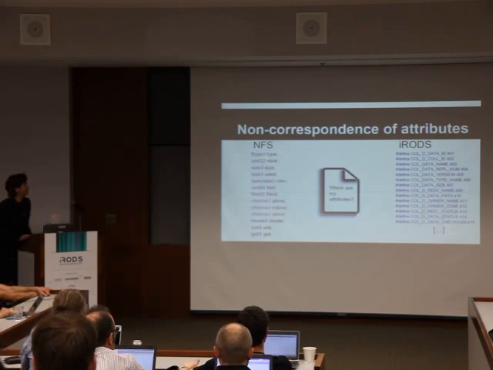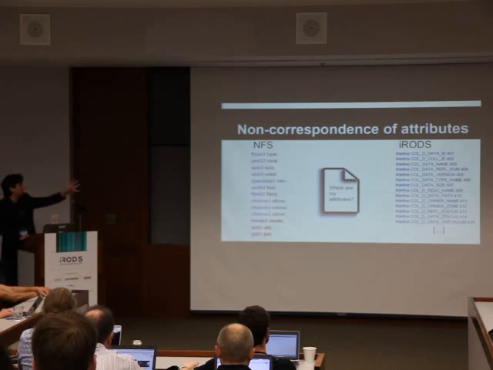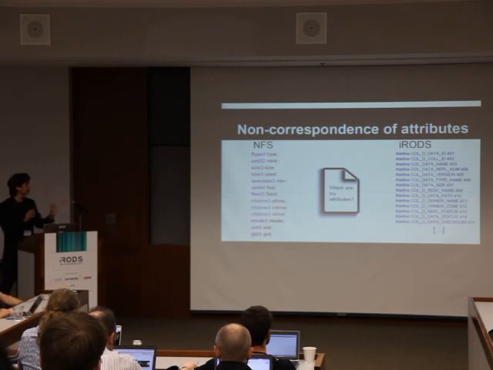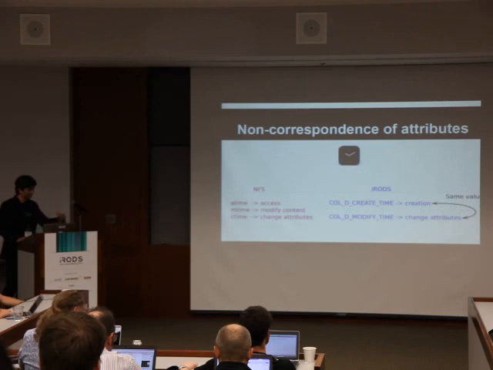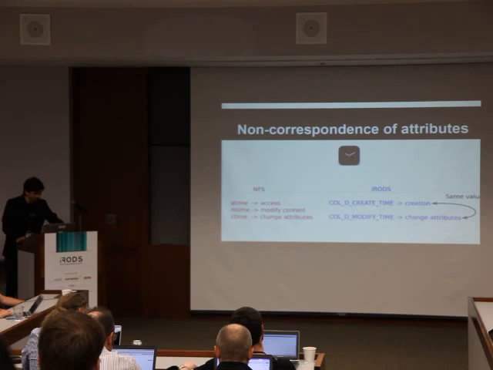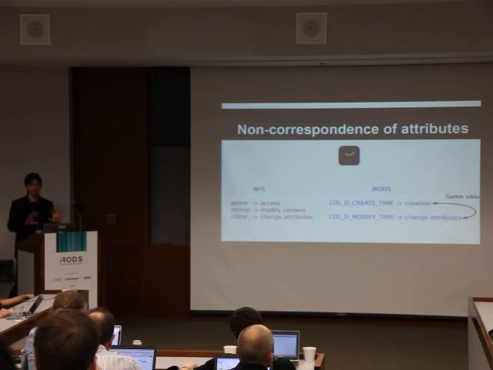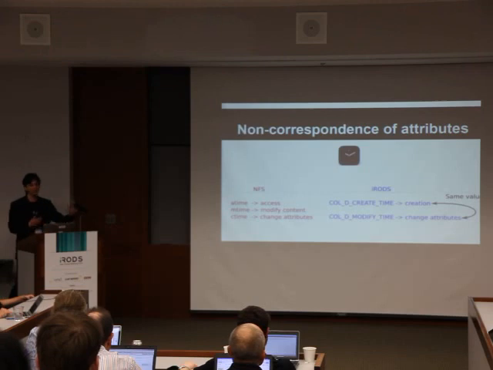Likewise, the attributes of files in the Unix world and the iRODS attributes for objects were not fully compatible. There's some difference. For instance, the time-related attributes, we have two in iRODS, the create time and modify time. And in our installation, I don't know if it's general, but we see that they provide the same value.